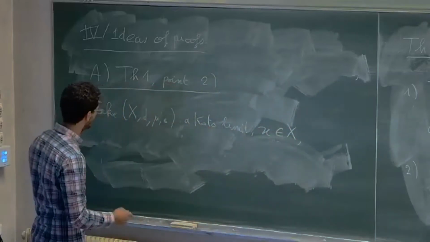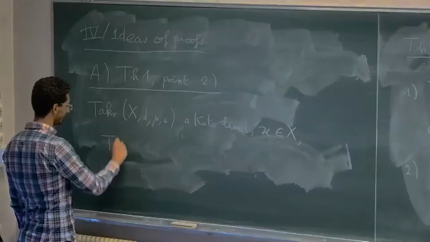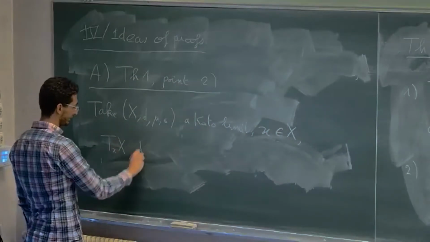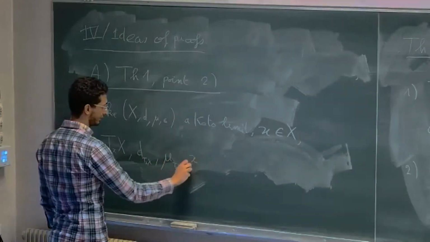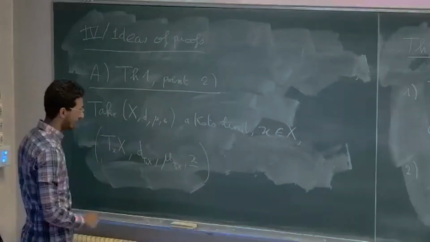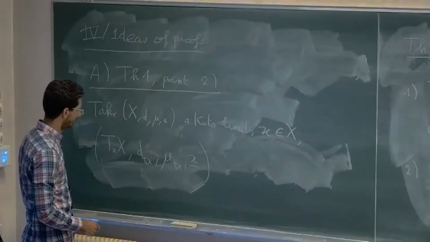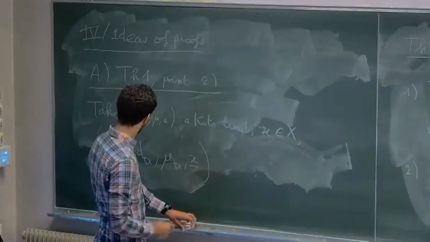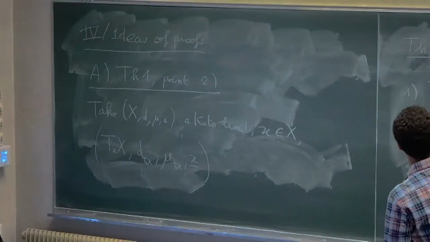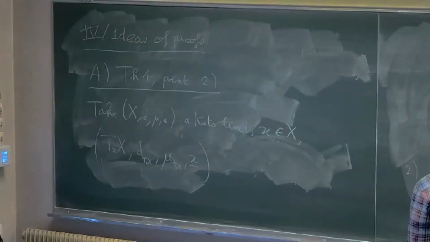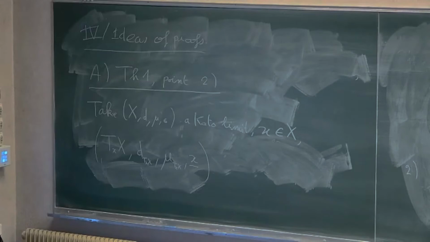I take the tangent cone in this Kato limit, so I'm going to write it like this: T_x X, where x is the tip of the cone. And so now you can write this tangent cone as a limit of manifolds whose Kato quantity, the K_t, goes to 0 for any t.